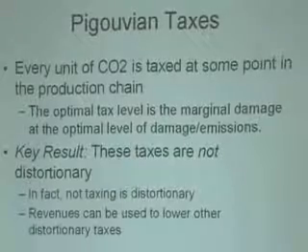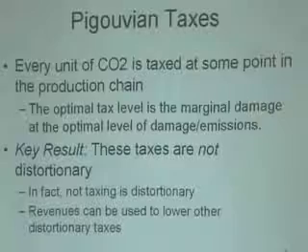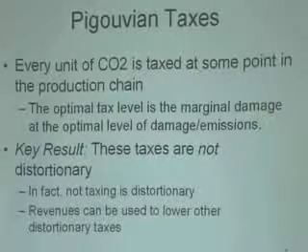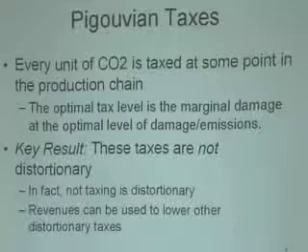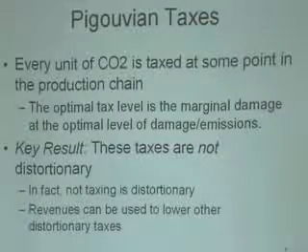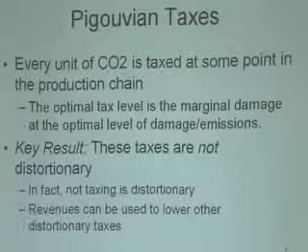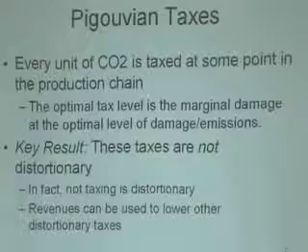For example, it's an input to the production of cement, or to driving a car. You put a tax on fuel, and that in turn will raise the price of cement or the cost of driving to the owner. And making cement or driving a car may be what causes the greenhouse gases.